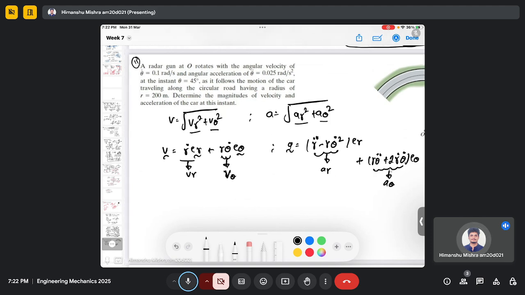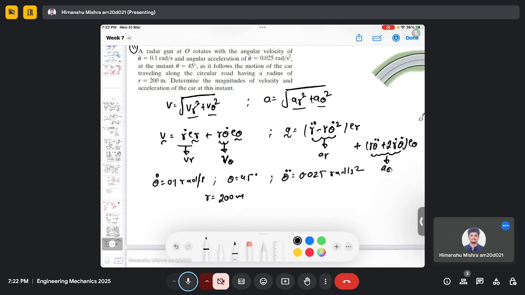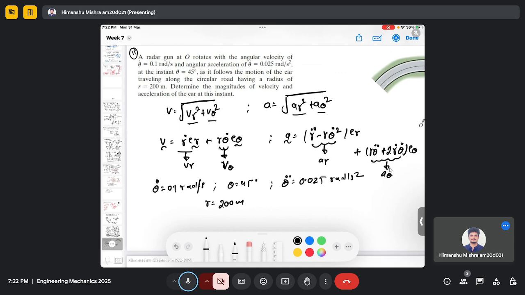From the question itself you can write down the various quantities: theta dot is 0.1, theta is 45, theta double dot is 0.025 rad per second square, and r is 200 meters.